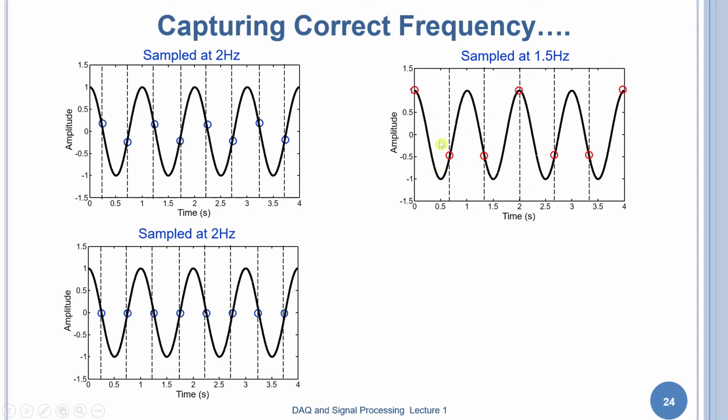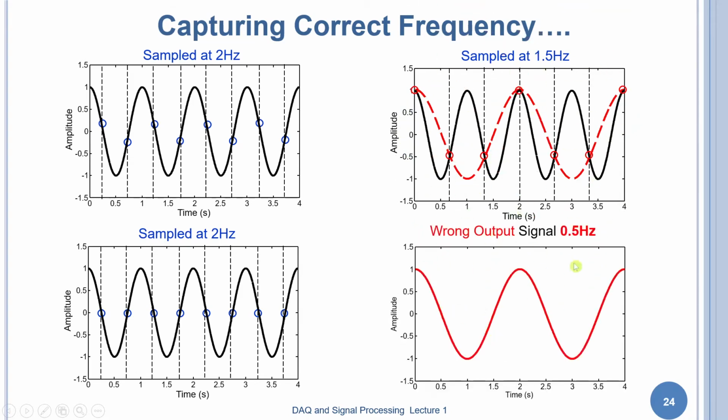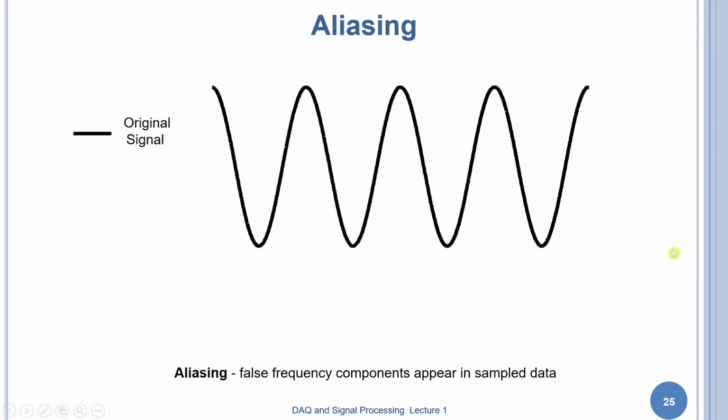You can see here we are going to get a totally different signal than the original, so you are getting a wrong output. This happens because we have a lower sampling rate than prescribed by the Nyquist theorem. This is what is called aliasing.